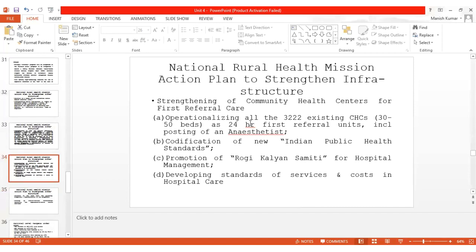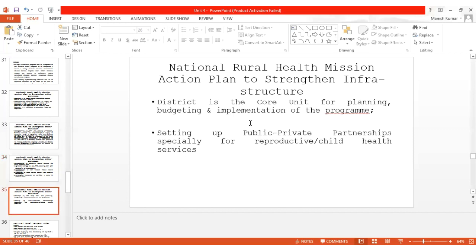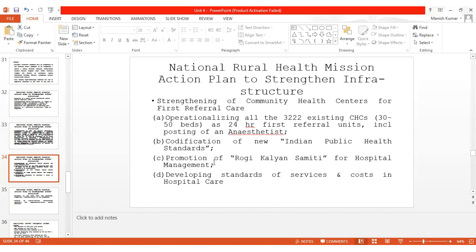Now, the strengthening of community health centers was also a focus of NRHM, where at the time this program came, there were 3,222 CHCs. They were supposed to have a 30 to 50 bedded hospital, 24-hour first referral unit, including posting of an anesthetist, which is again a far dream. We don't have an anesthetist at all the CHCs. So codification of new IPHS guidelines; those IPHS guidelines were supposed to be implemented.